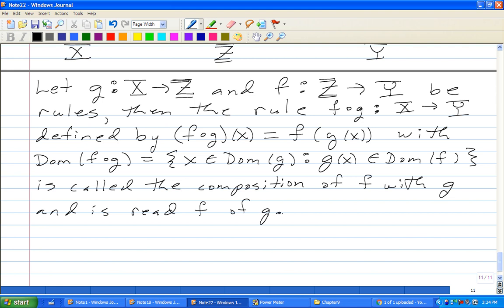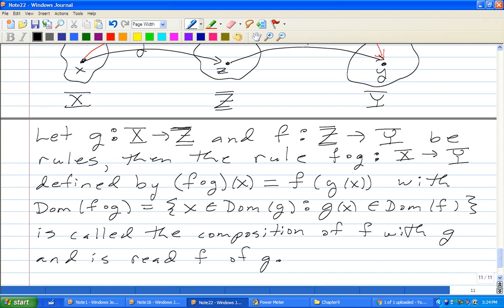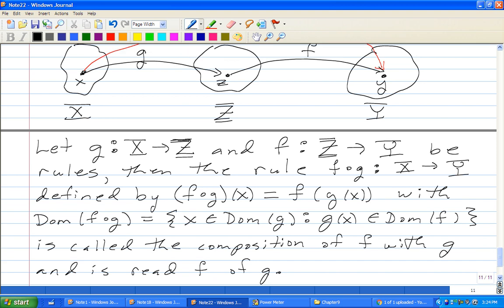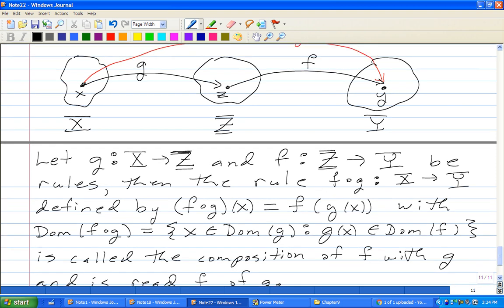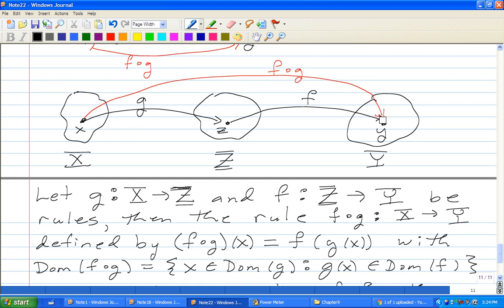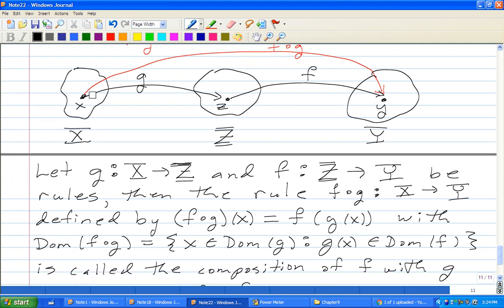Okay, so notice that in order for f composed with g to be defined at some x, well, first, certainly x has to be defined for g, so x has to be in the domain of g. But once it maps here, z must be in the domain of f, and so g of x must be in the domain of f.